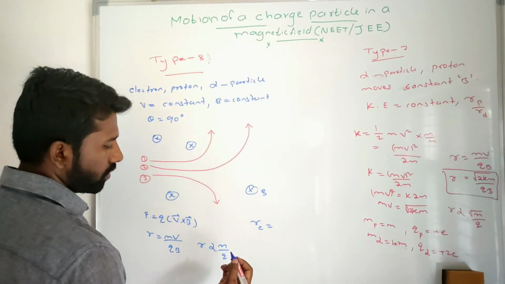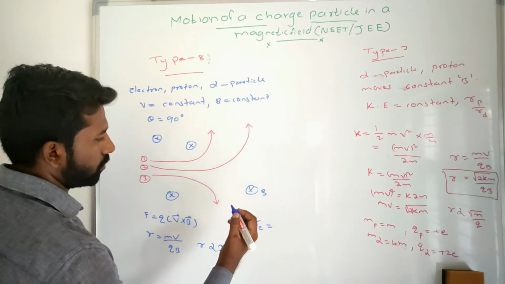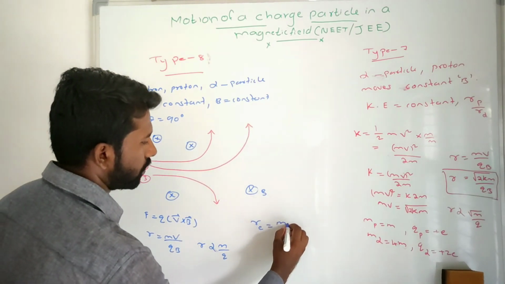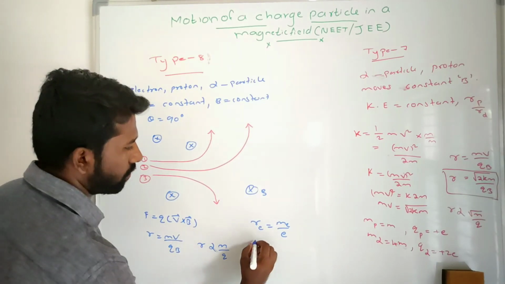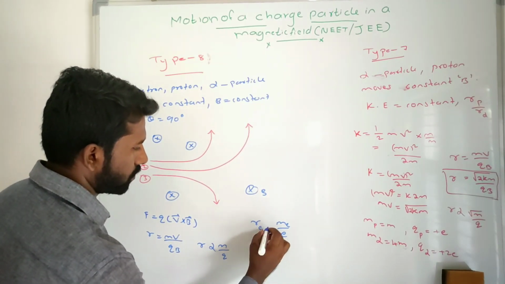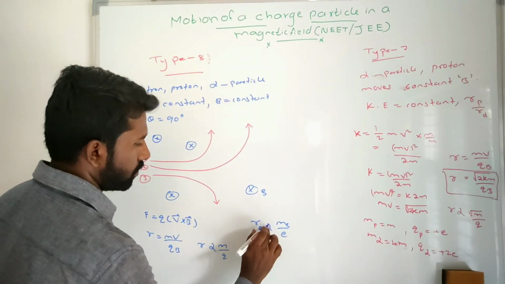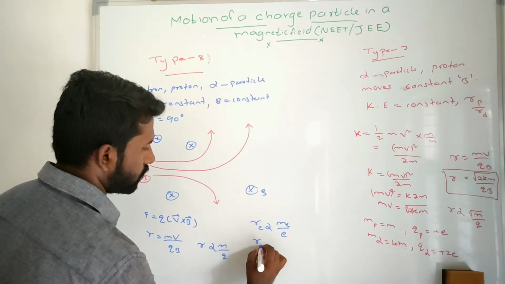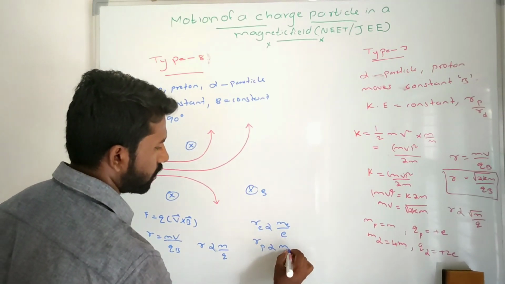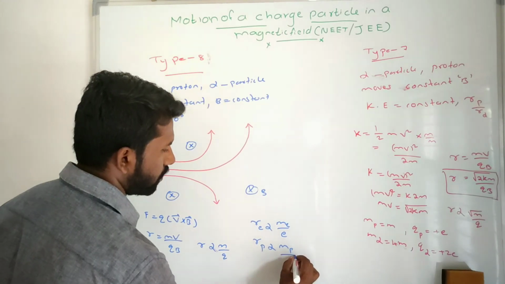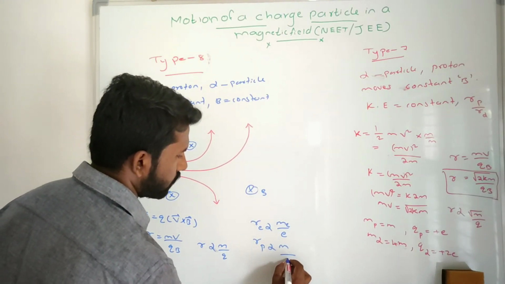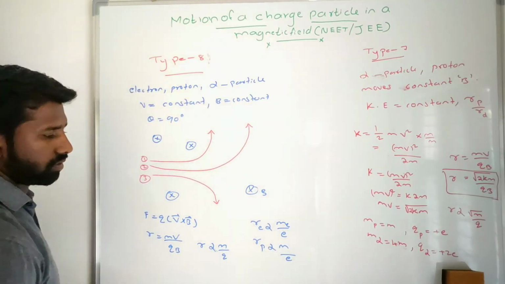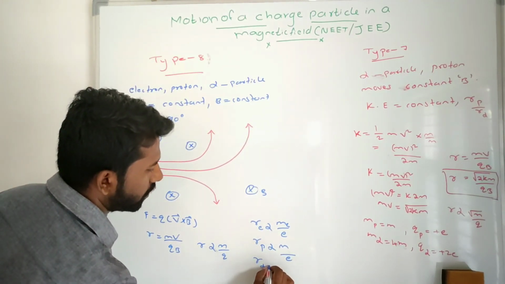Radius of the electron is directly proportional to mass of the electron divided by charge of the electron, that is e. And the radius of the proton is directly proportional to mass of the proton divided by e. I am taking the mass as m.